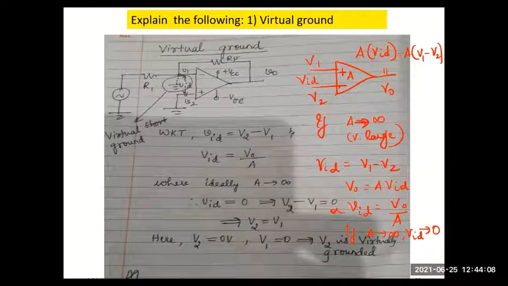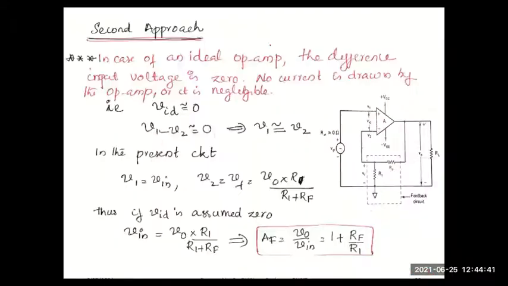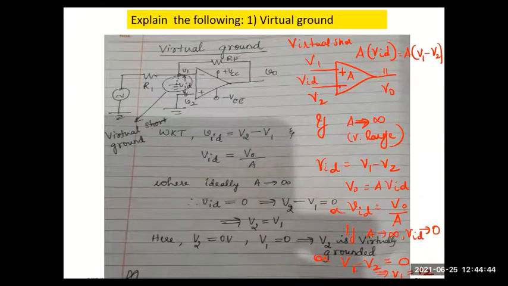So if A tends to infinity, then this differential voltage will tend to 0, or in other words, V1 minus V2 should be almost 0, which implies V1 should be equal to V2. Rather than calling it virtual ground, let's call this principle the principle of virtual short.